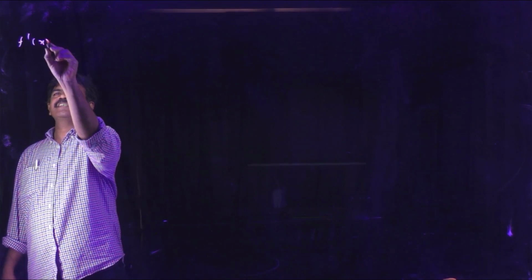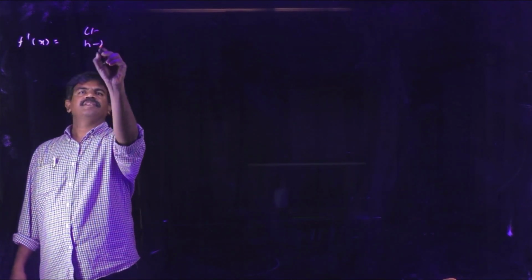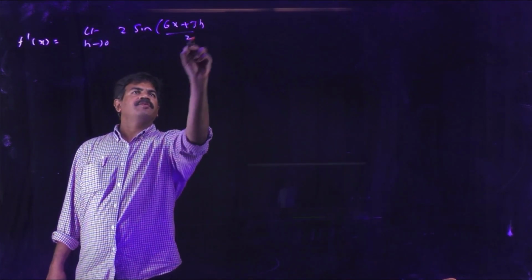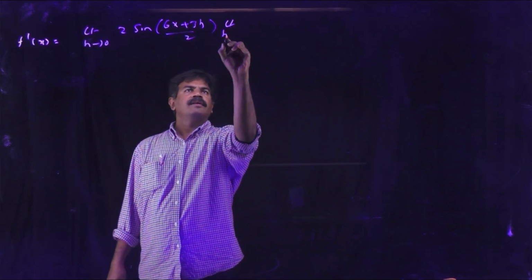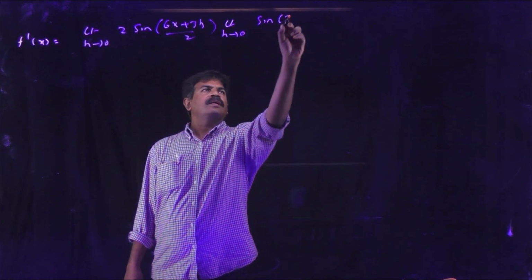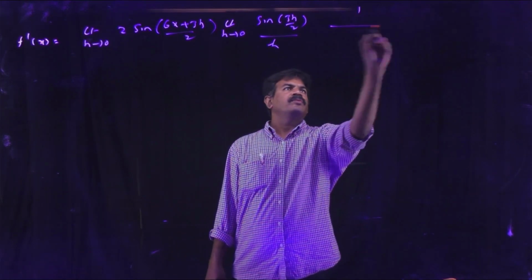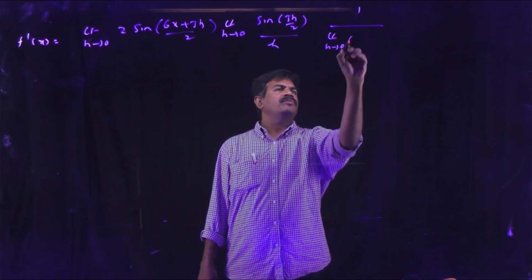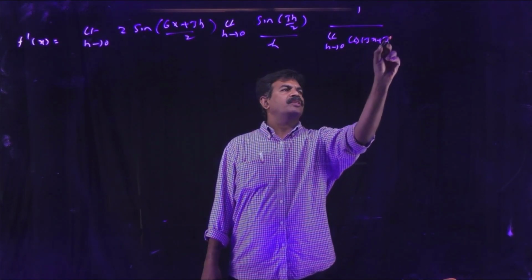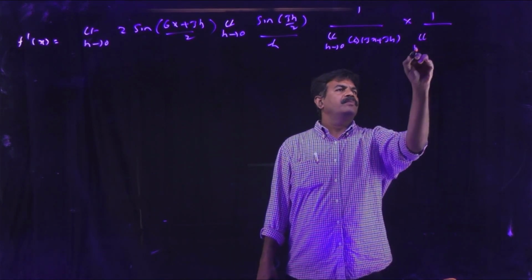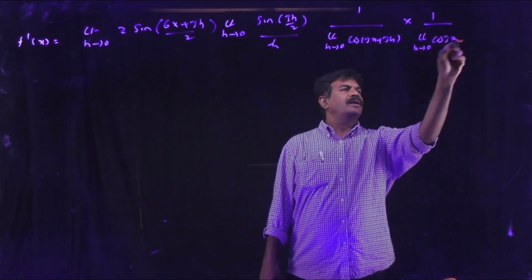Now we write separate limits for separate functions, that is f dash x is equal to limit h tends to 0 2 sin of 6x plus 3h by 2 limit h tends to 0 sin of 3h by 2 by h into 1 by limit h tends to 0 cos of 3x plus 3h into 1 by limit h tends to 0 cos 3x.